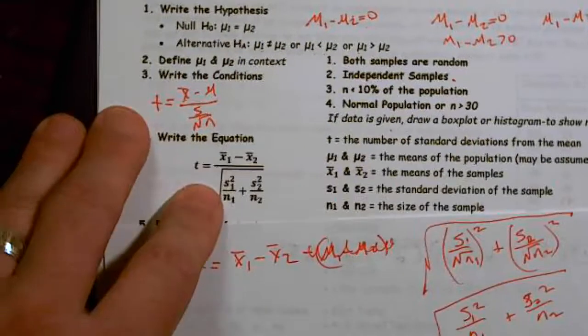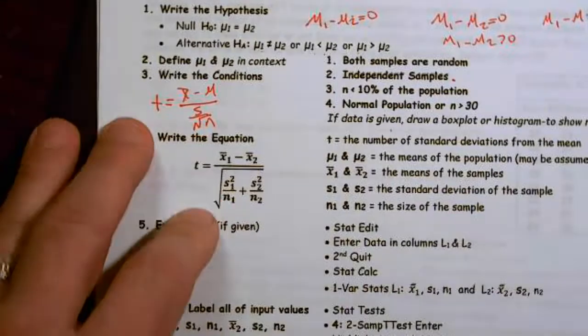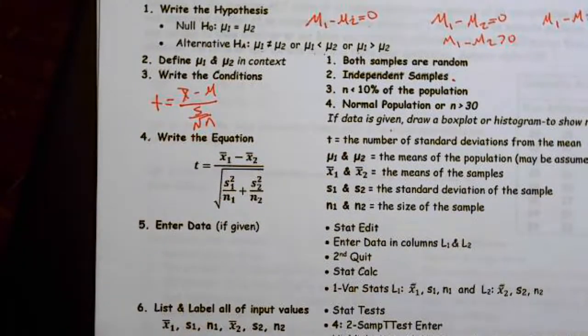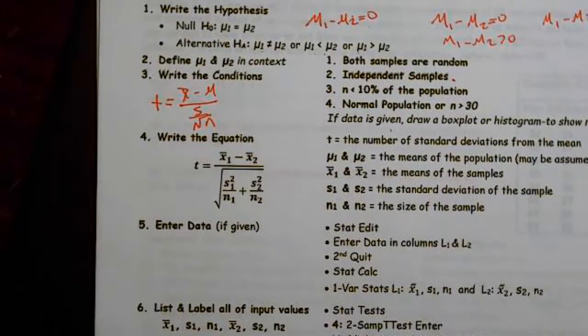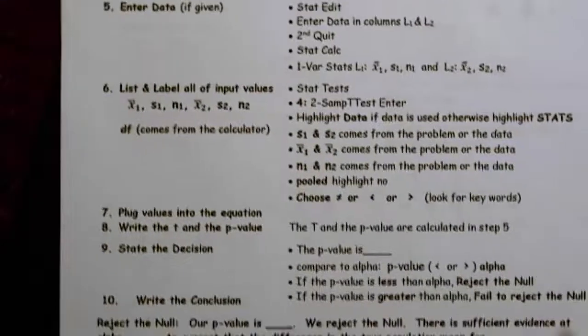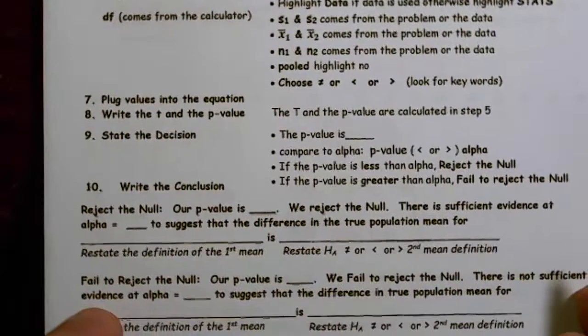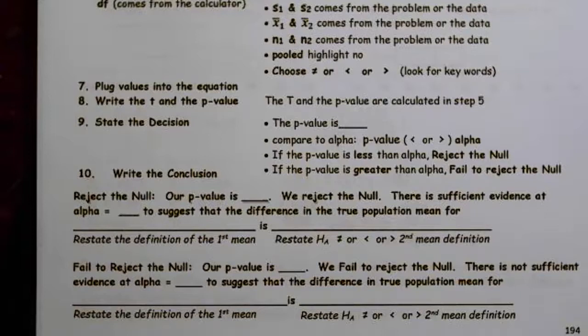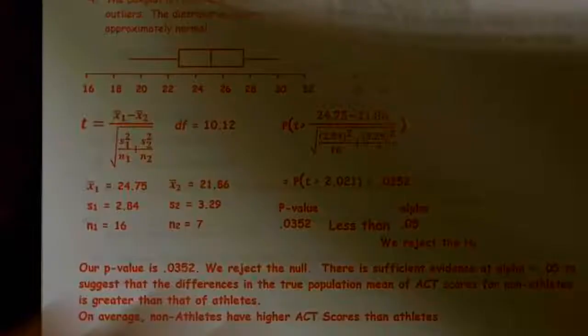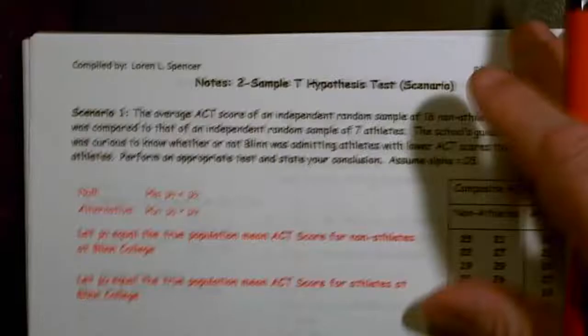So that's where that part of the formula came from. It's because you can't add standard deviations first. You have to square them before you do so. All right. After that, everything else runs exactly the same. I could read it off to you, but it just makes things a bit longer, and I don't think you want that because we'll be referring to it as we work our first problem. So our first scenario.